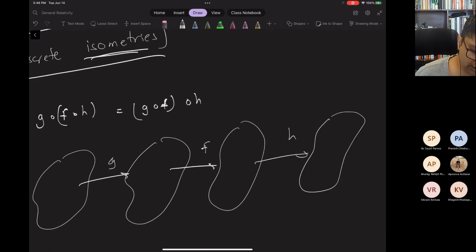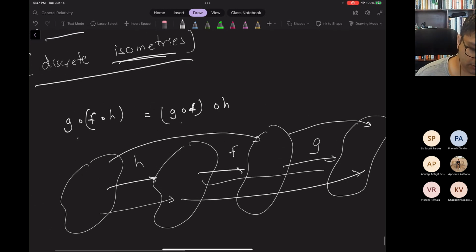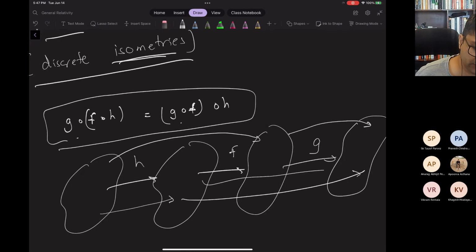Okay, so G circle F circle H, sorry, maybe it's the other way around, I want H F G. I can first do this and then this, or I can first do this and then use this combined operation to give me this. These are all smooth invertible one-to-one maps, so this is going to be trivially satisfied.